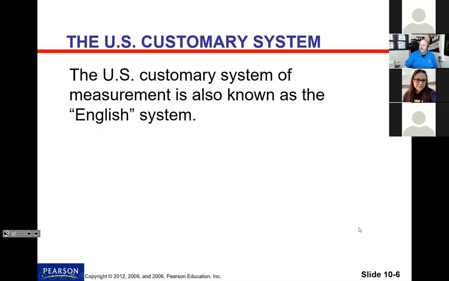So for instance, if I asked you what your height was, you would tell me in feet and inches, right? If you were telling me the distance from someplace on the highway, you might use kilometers. Or if you're out in the country, you'd use mile roads, right? It really depends on the situation, right?